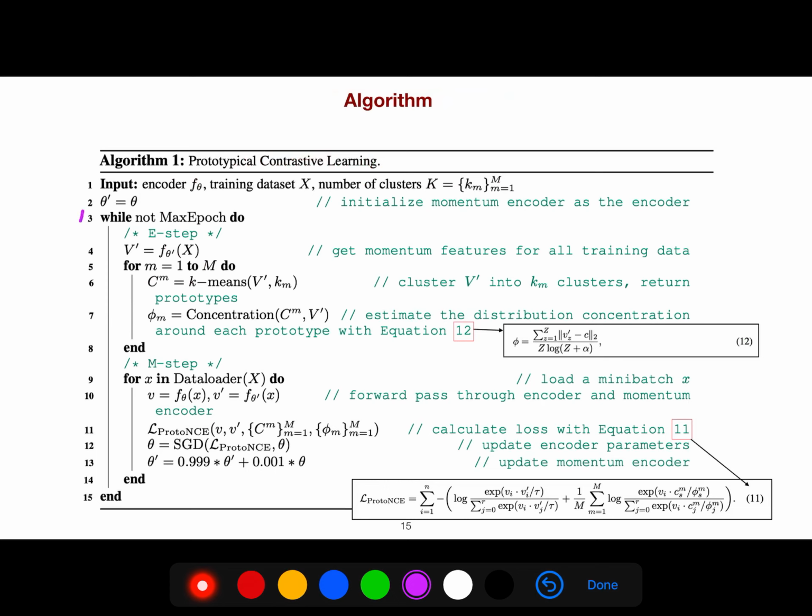So it's just an expectation maximization loop. This is the expectation step where we find the latent variable, which is our clusters. And in the maximization step, we just try to maximize the ProtoNCE loss, which is a sum of classical InfoNCE and the terms that are relevant for clustering.